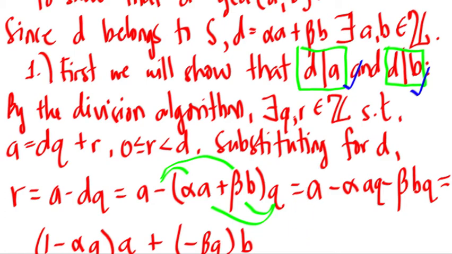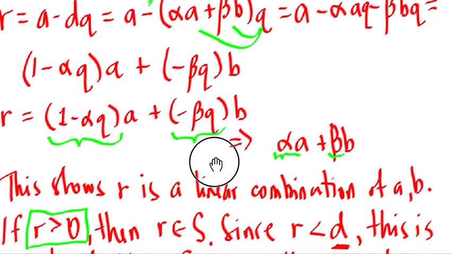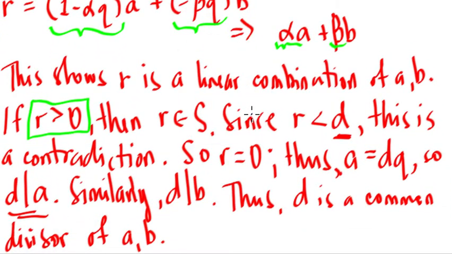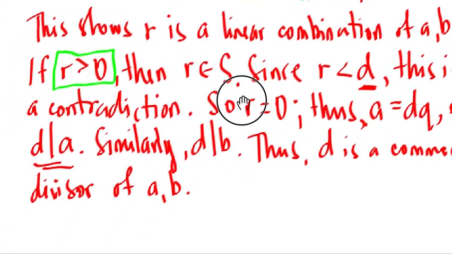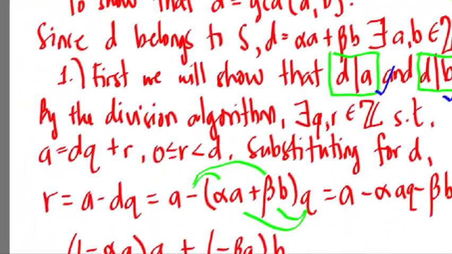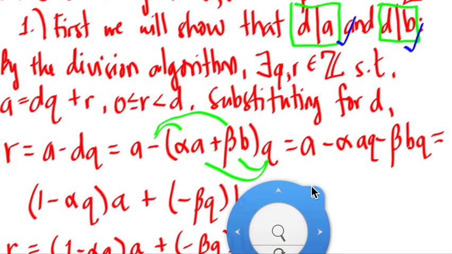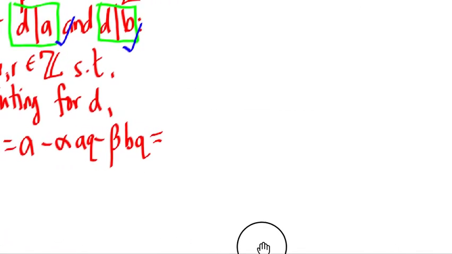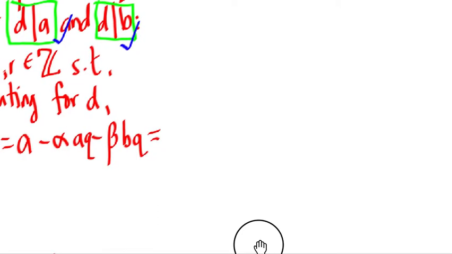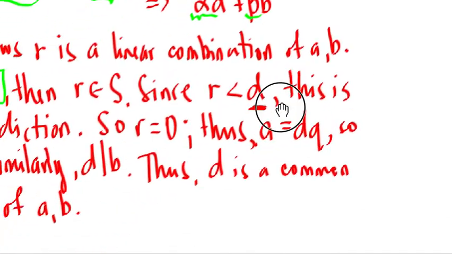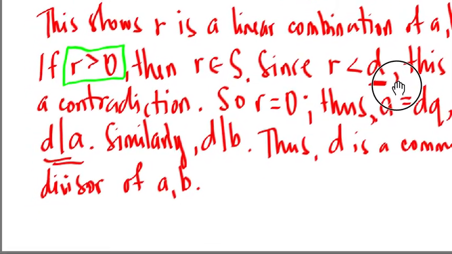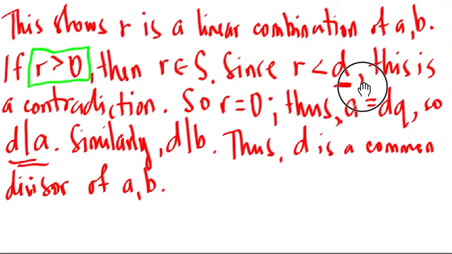Now for number 2, we also want to show that any positive common divisor of A and B is less than or equal to D. Maybe this is number 1. Let's put it parallel to it, here for number 2. There's no space, so I'll try to fit it down below.